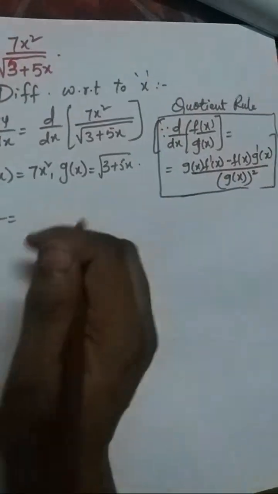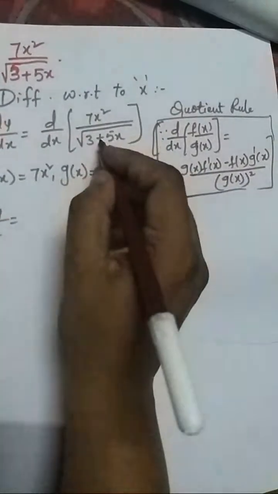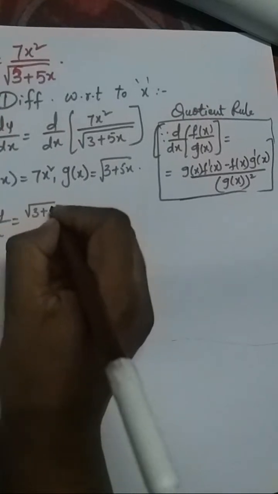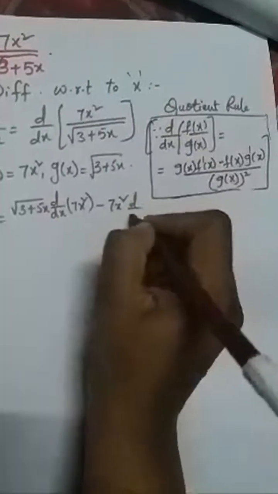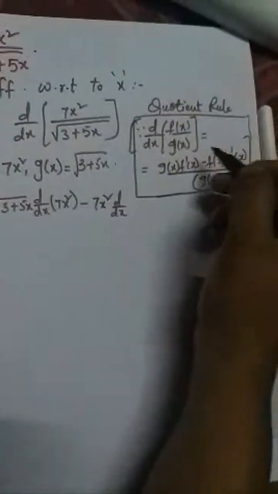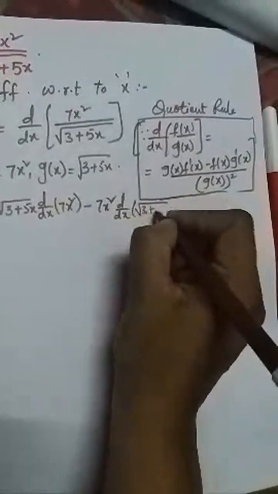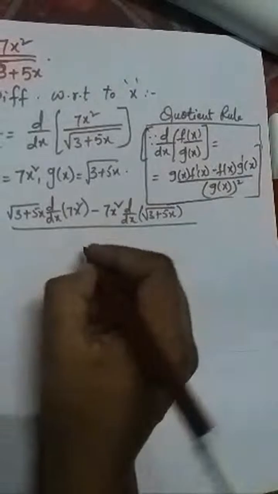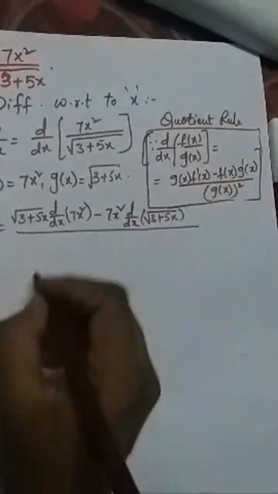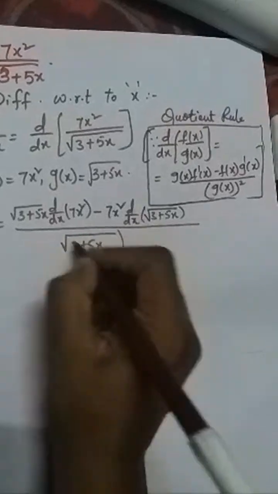First we write g of x, under root 3 plus 5x, into f dash of x, that is d by dx of 7x square, minus f of x, which is 7x square, into d by dx of g of x, that is d by dx of root 3 plus 5x, by g of x whole square, that is 3 plus 5x whole square.